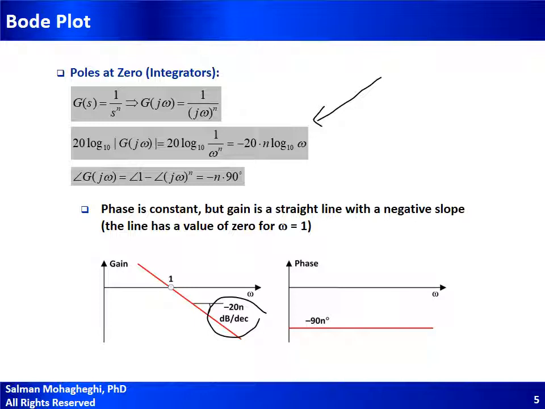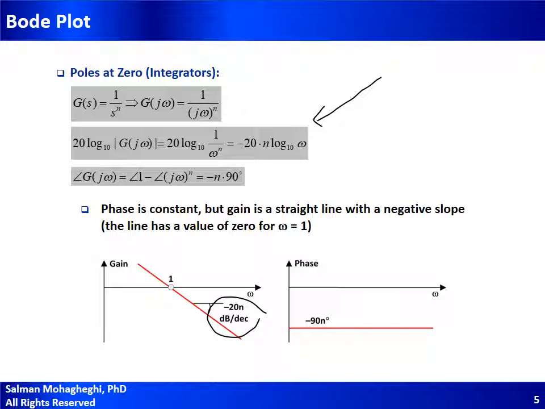How about the angle? The angle is going to be the angle of the numerator minus the angle of the denominator. A numerator is 1, an angle of 1 is 0, so we can ignore that. Denominator is j omega to the power of n. And again, for angles, we would basically add all these together. So it's as if I would be adding the angle of a single j omega n times.